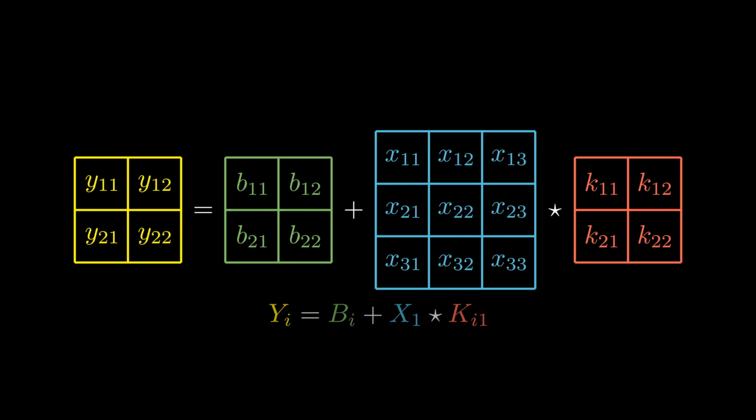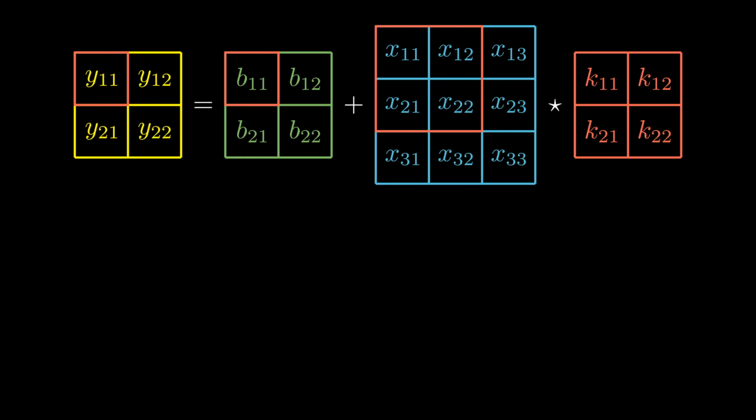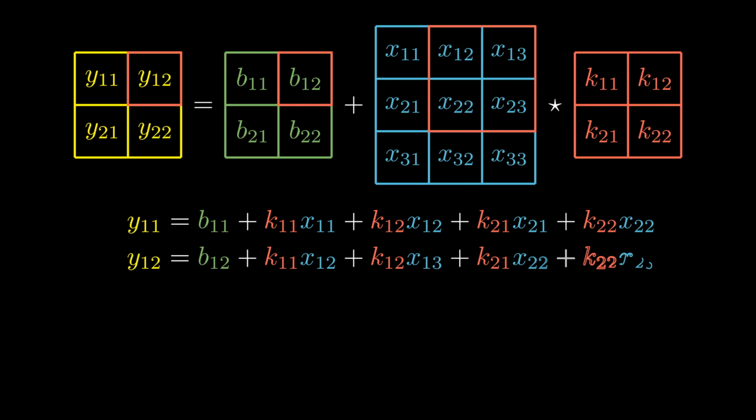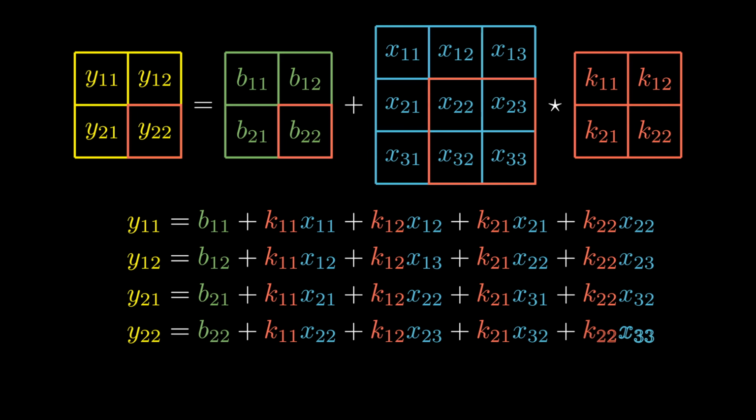Y equals B plus X correlated with K. If we actually write down what each output variable is equal to, we get this. That set of equations is totally equivalent to the representation using matrices, so we'll keep this.